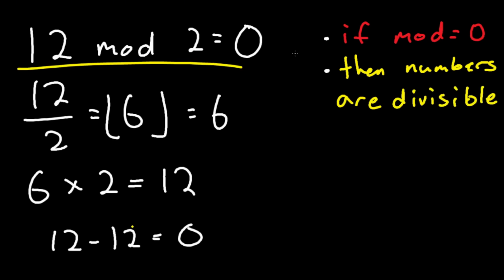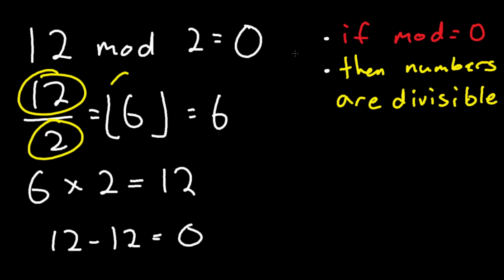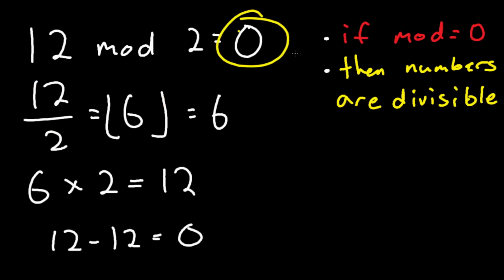So that means 12 is divisible by 2. And here's the thing, it is, and we can already know that. We already know that because if we do 12 divided by 2, we get a whole number. We get an integer. All right. So 12, if we do the first step, 12 divided by 2, and we get an integer, it means the numbers are divisible and the remainder is just equal to 0.